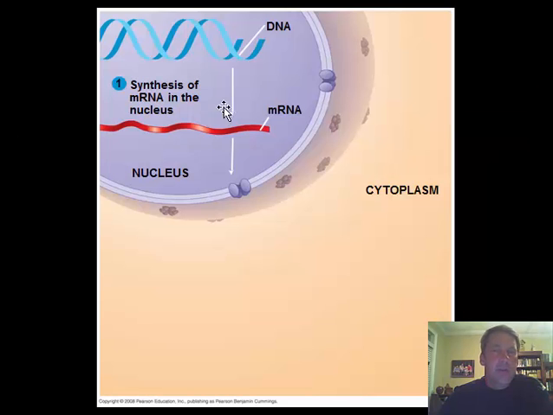In this diagram, we have DNA and we have RNA. DNA has a sugar called deoxyribose, and RNA has ribose. So those are two nucleic acids.